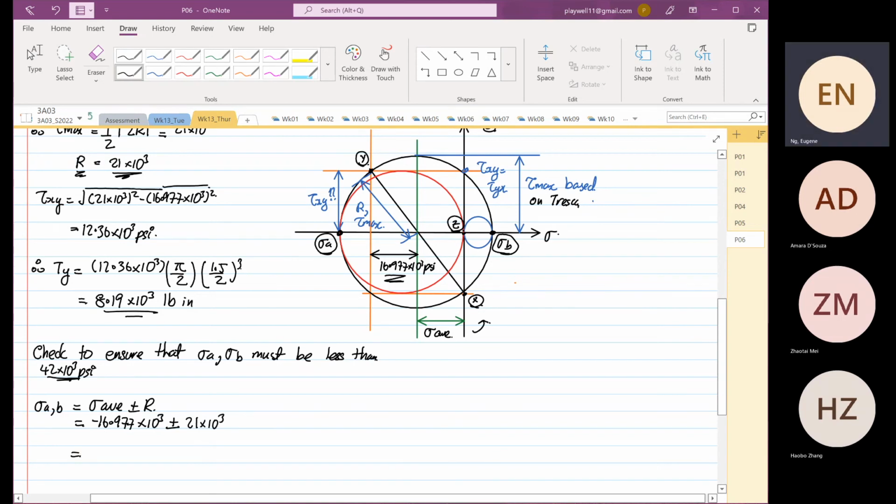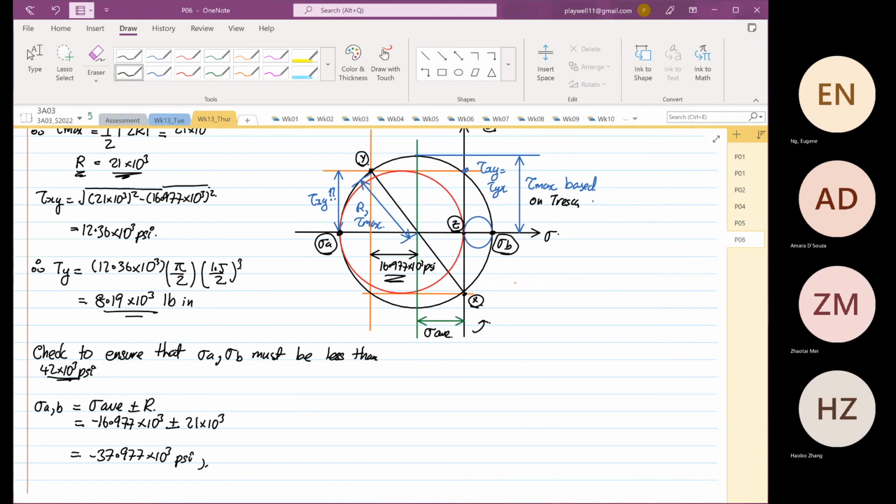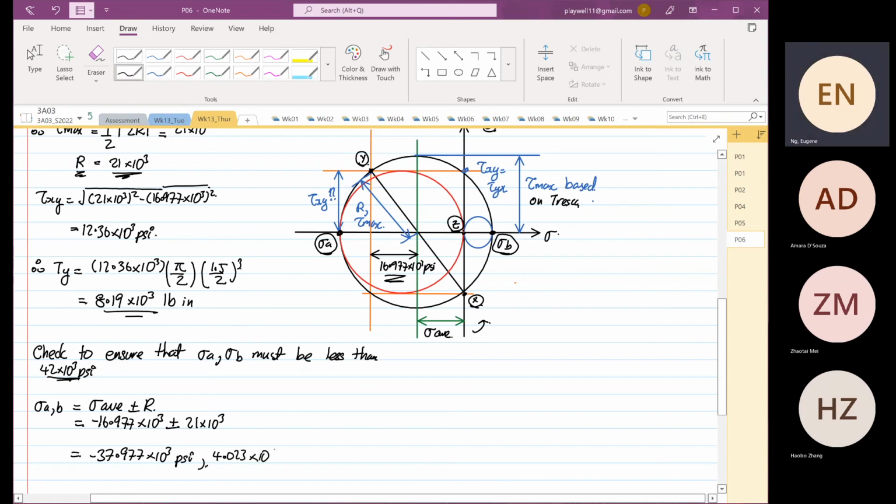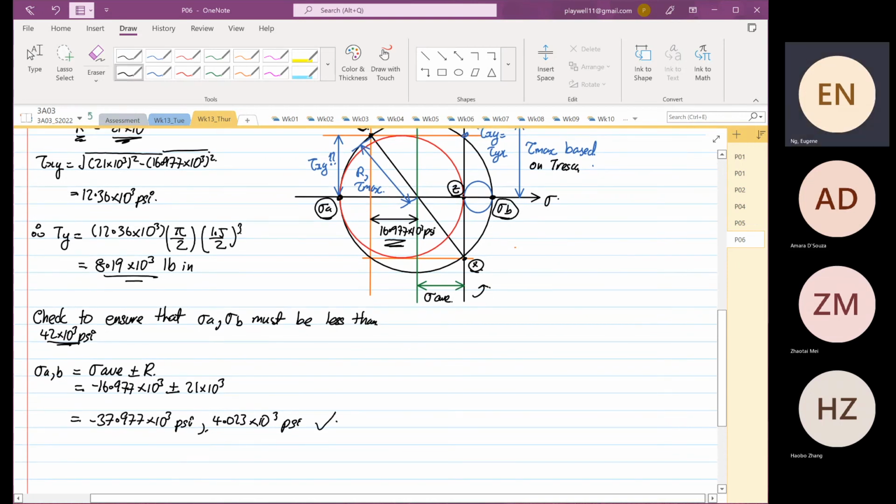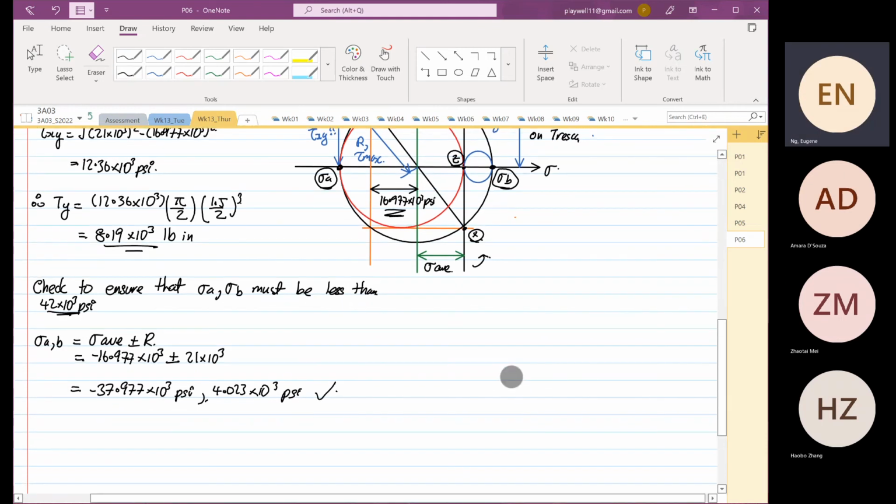So one is minus 37.977 times 10 to the power 3 psi, and the other one is 4.023 times 10 to the power 3 psi. So it shows that we are within 42 ksi.